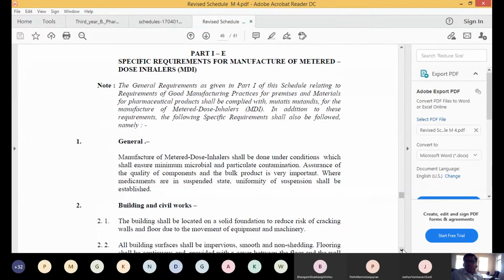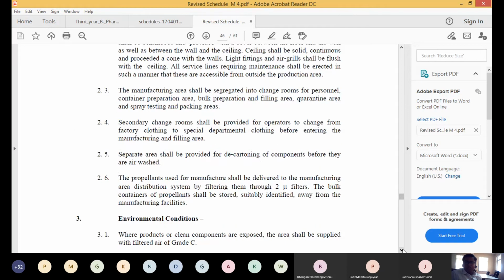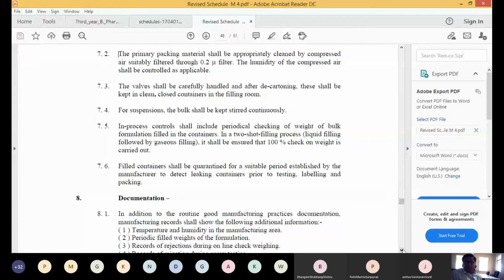Many times for asthmatic drugs, some inhalers are there, inhalation therapy is there. You just inhale the drug through an inhaler pump, where the patient takes the drug. That category of drug is metered dose inhalers, MDI. Again, for manufacturing that type of material, some points are covered in Schedule M, including how to document that type of product.